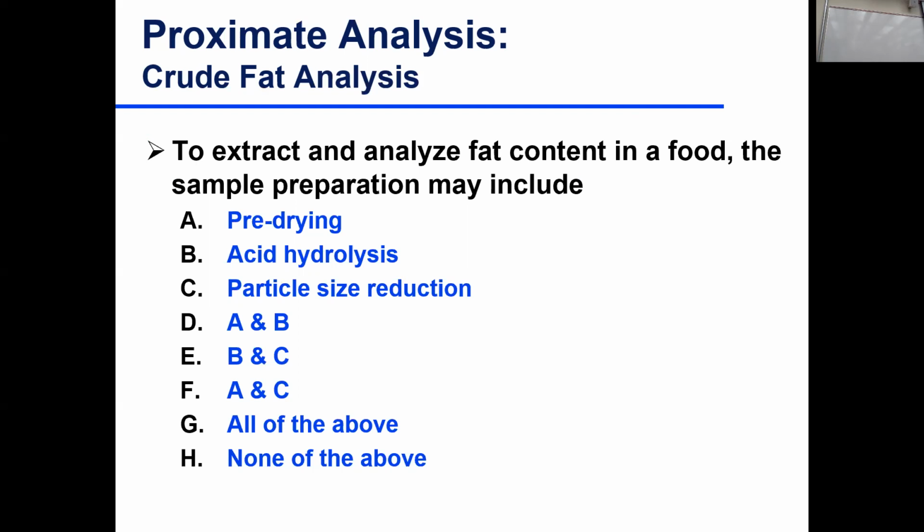Pre-drying is sometimes necessary for different types of food based on the method that we use. Some of you did that today, and we said for cheese samples, using Soxhlet analysis, we need to pre-dry the sample. But if we're doing Mojonnier on the same sample, we don't need to pre-dry it. The only difference is that in Soxhlet, it's kind of static, there's no shaking.